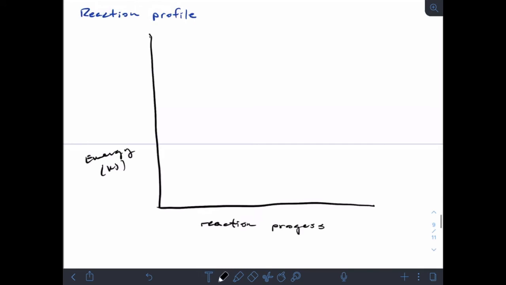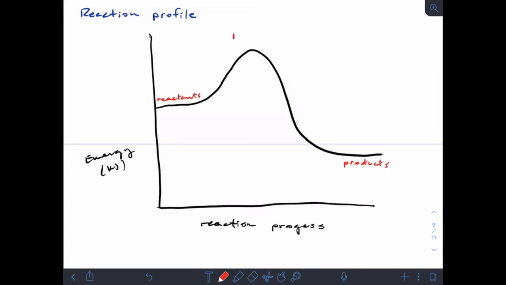What this reaction is going to look like will take this shape. On the left, I'll have my reactants. On the right, I'll have my products. At the top of this will be my transition state, or my activated complex.